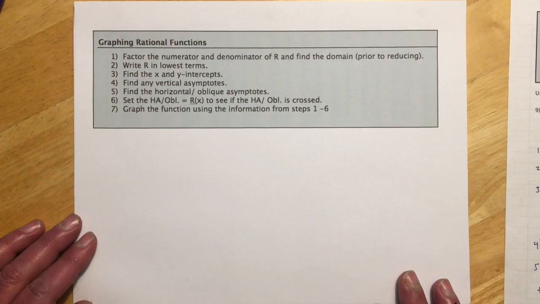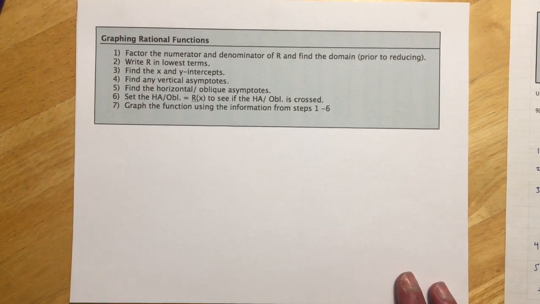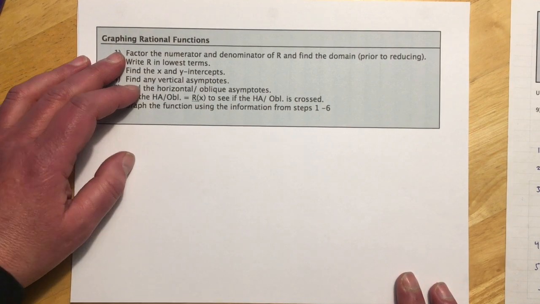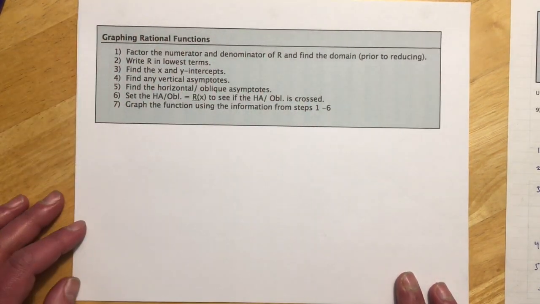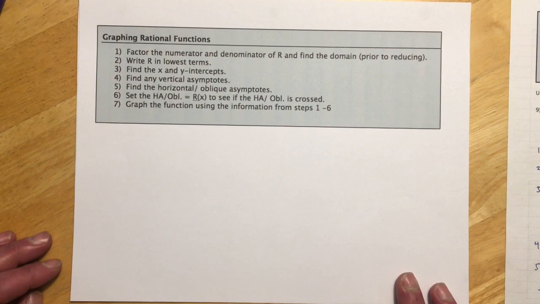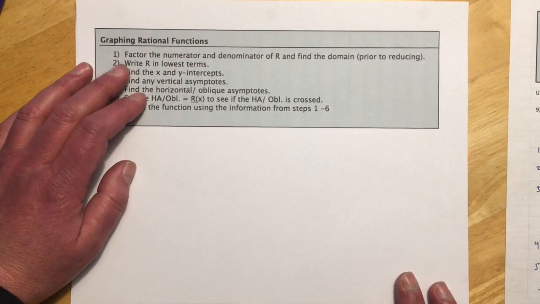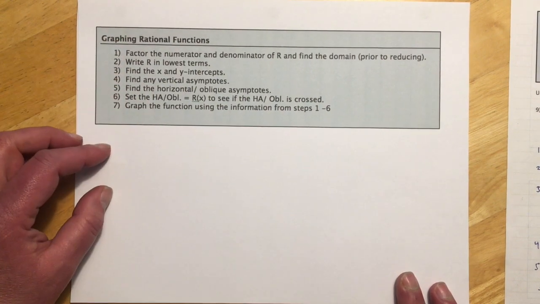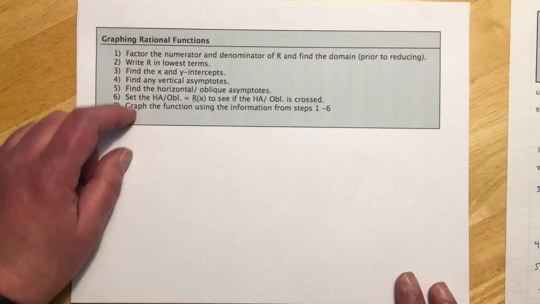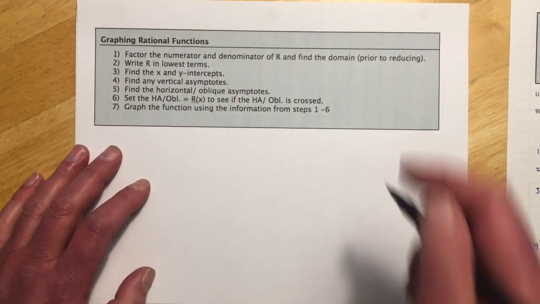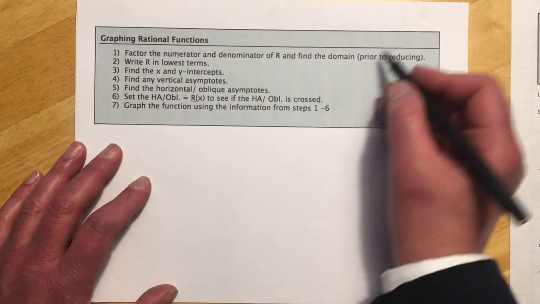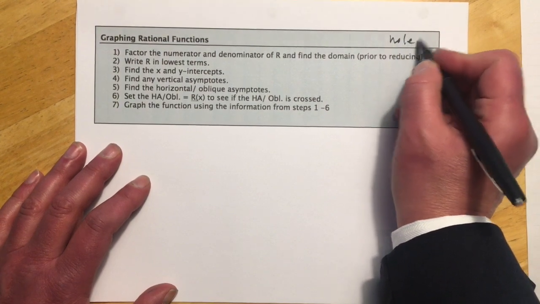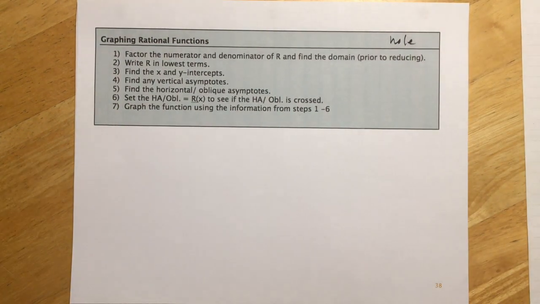Okay, so we've arrived at actually graphing a rational function now. Our steps are going to be: factor the numerator and denominator of r, which is the rational function, and then find the domain prior to reducing. Then we're going to write r in lowest terms. Everything else below this happens after the reduction. If something cancels out, that means it's going to be a hole in the graph, and we're going to have to go find that.